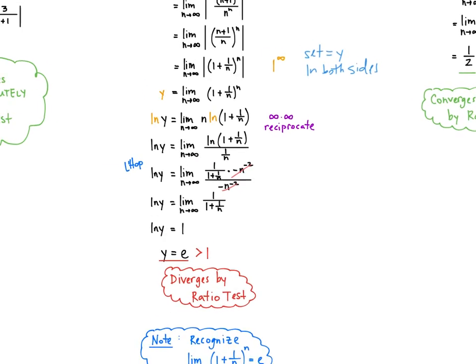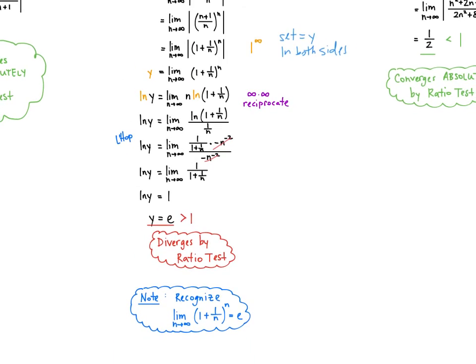Now, one thing to keep in mind, and as a shortcut, I want you guys to recognize this portion right up here. I want you to be able to recognize that the limit as n approaches infinity of (1 plus 1 over n) to the n power really is e.